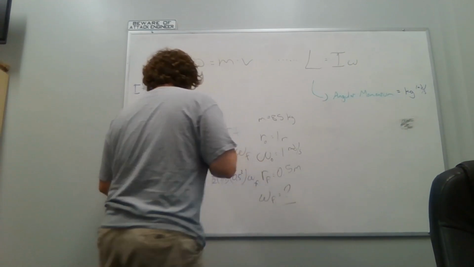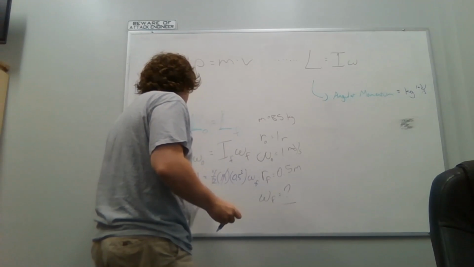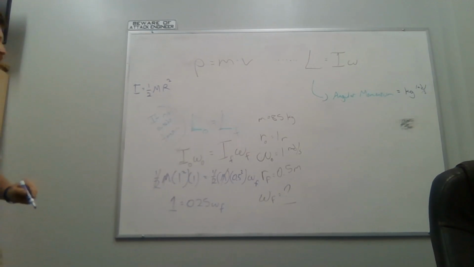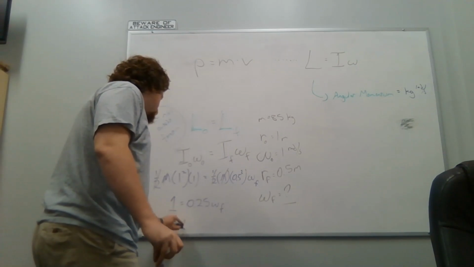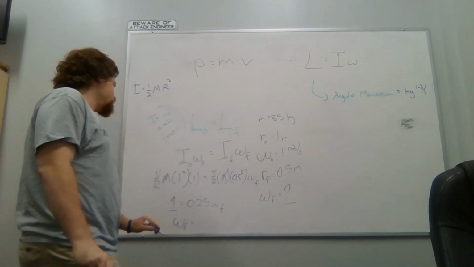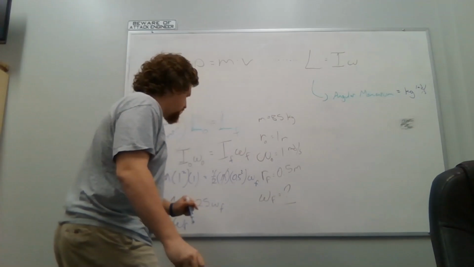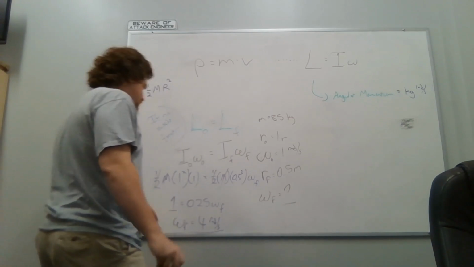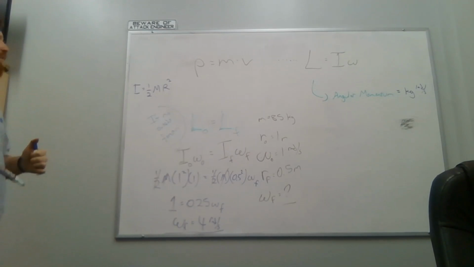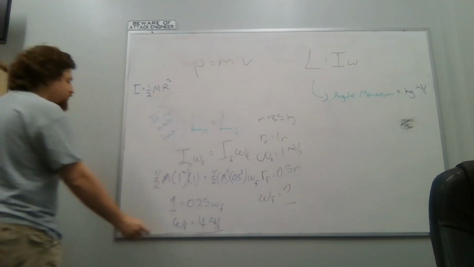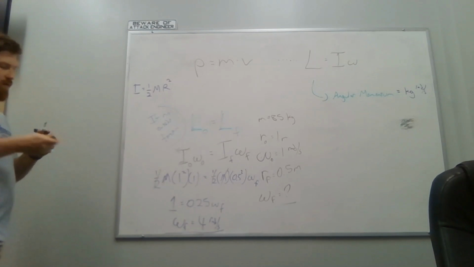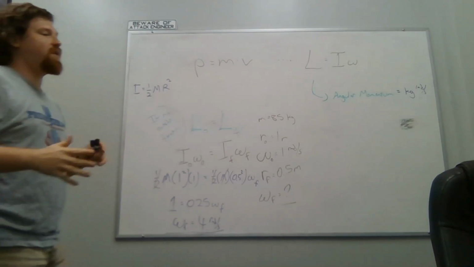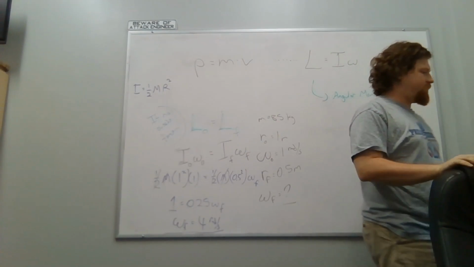So we got 1 equals 0.25 times our final angular velocity. We're going to divide both sides by 0.25. So our final angular velocity is going to be equal to 1 divided by 0.25, and that's going to be 4 radians per second. So by pulling in their arms, this person has quadrupled their spinning speed. And this is mathematical proof of the fact that if you pull your limbs in, you will go faster.